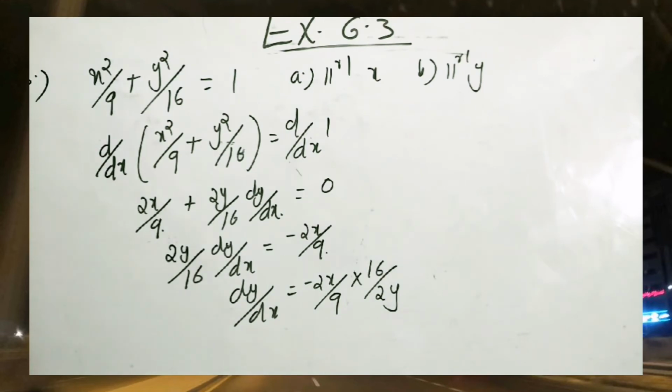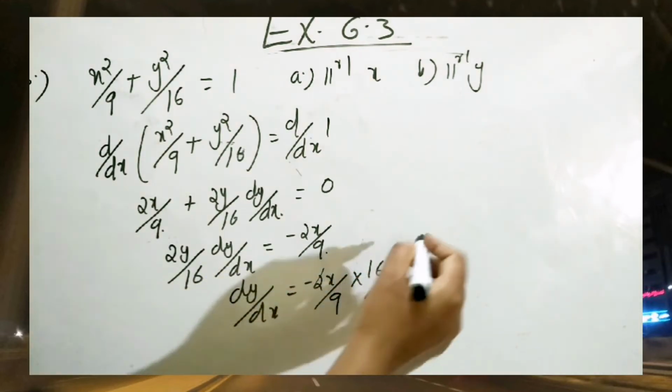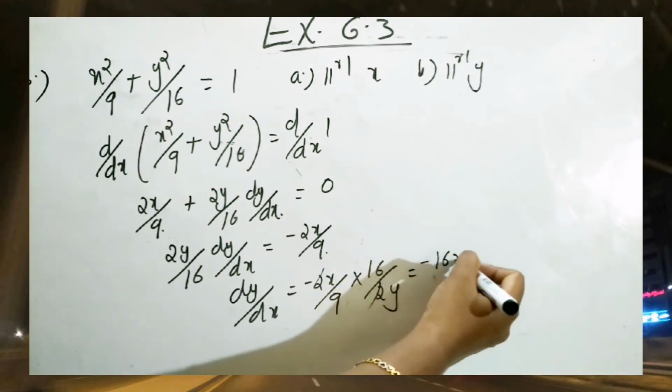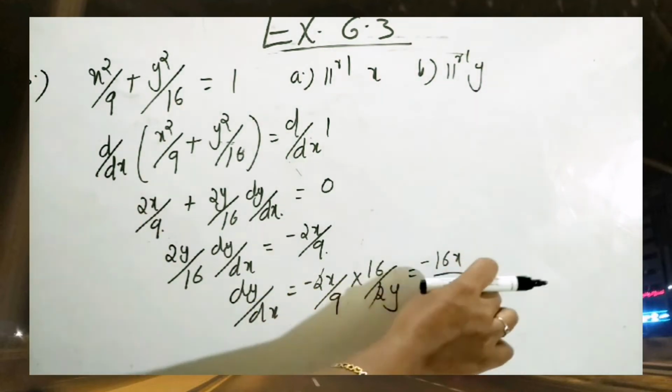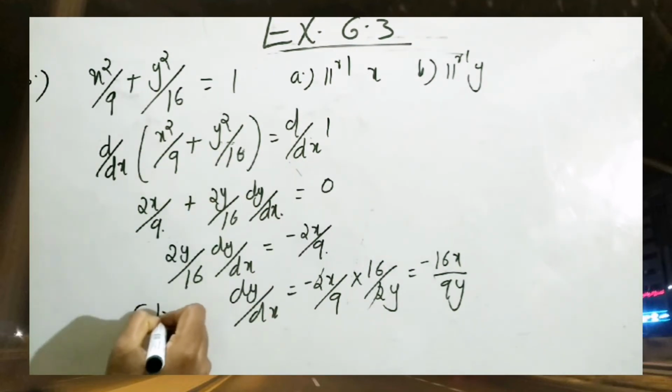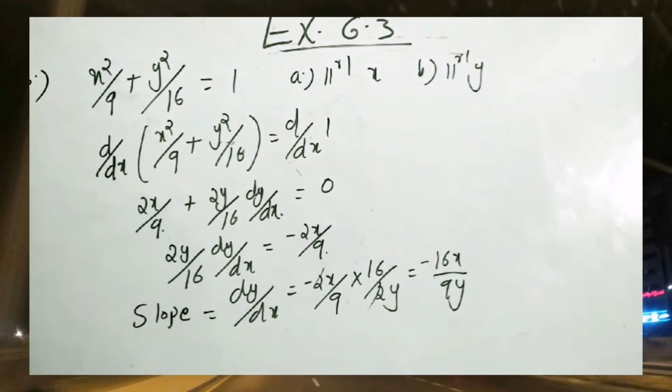This 2 gets cancelled, and this is equal to minus 16x divided by 9y. Okay, this is dy by dx, the slope of the tangent. I am going to take it as m1. So m1 is equal to the slope of the tangent, which is minus 16x divided by 9y.